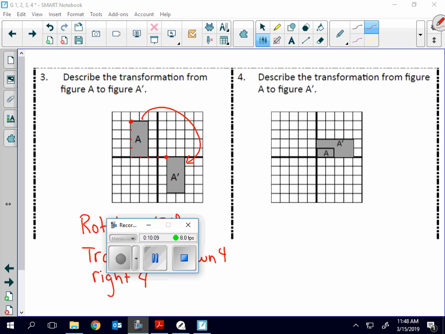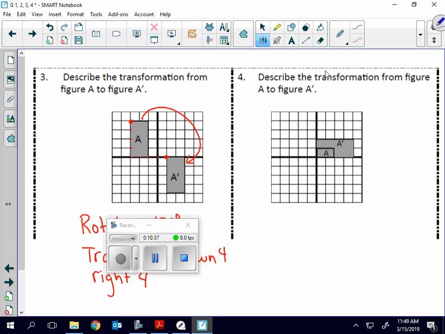Describe the transformation from figure A to figure A prime. So A, this small one, is the original, and A prime is the new one. Sorry, my board's a little off here. So I'm going to erase that just so you can see it again. So let's pick a point, any point on there, and you're going to find the corresponding point on A prime.